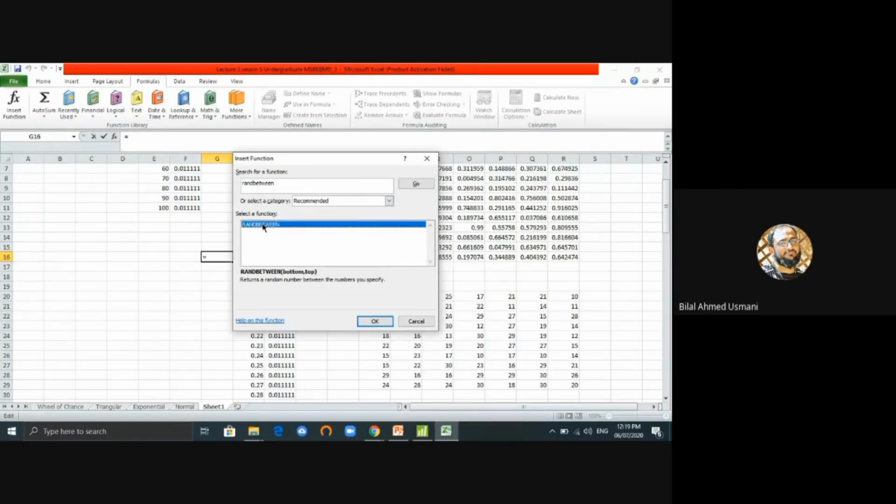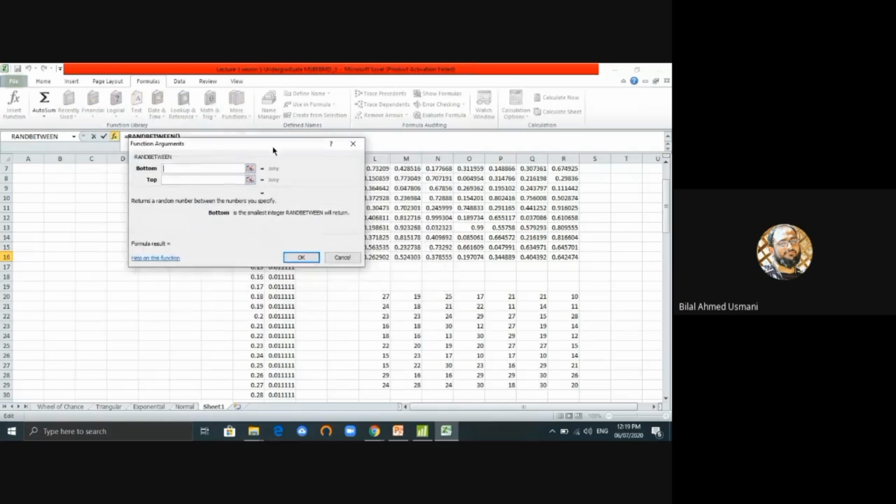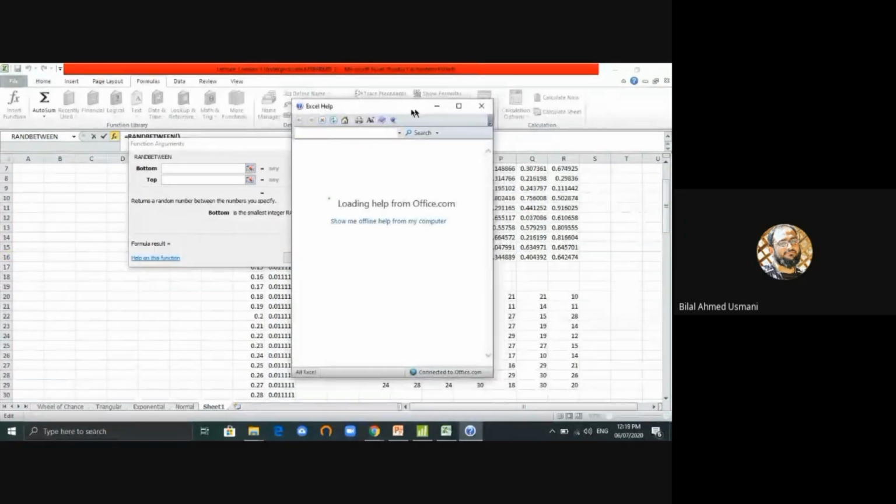If I search RANDBETWEEN, it shows what it actually does. I need a bottom value and a top value, and it returns a random number between the numbers you specify. Bottom is the smallest integer RANDBETWEEN will return, so it cannot be less than the lower limit, and it cannot be higher than the upper limit. So you cannot find any number greater than 30 over here, and you cannot find any number less than 10. If you want help on this function, search for help for this function.